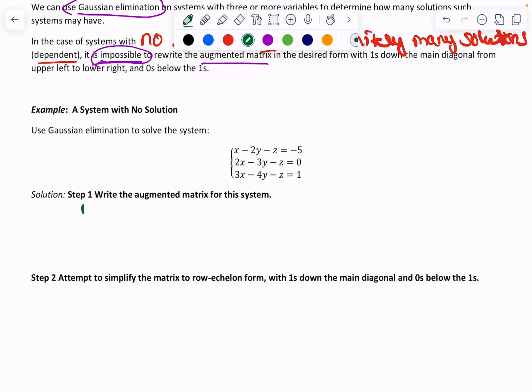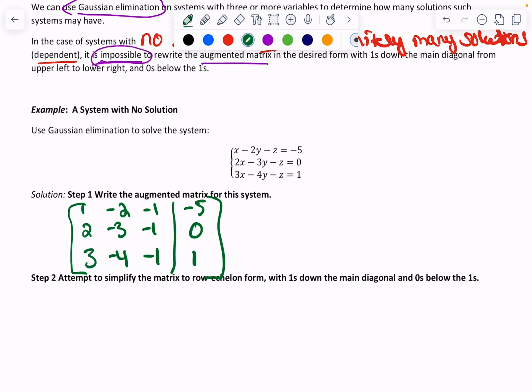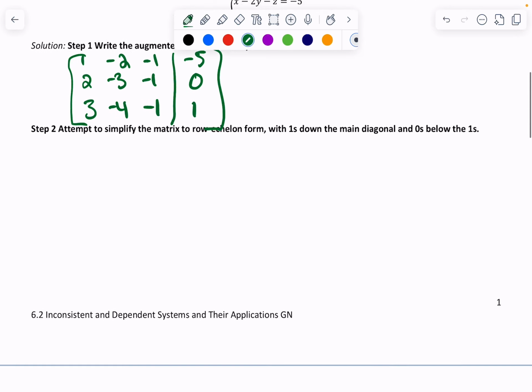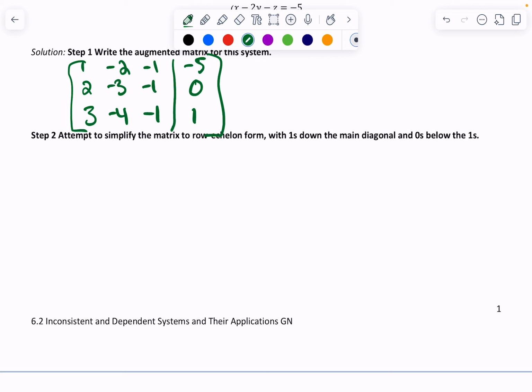So 1, -2, -1, and -5 in the augmented column. 2, -3, -1, 0. 3, -4, -1, and 1. There's our matrix. Now, we're going to try to get the ones down the main diagonal and zeros below the ones.